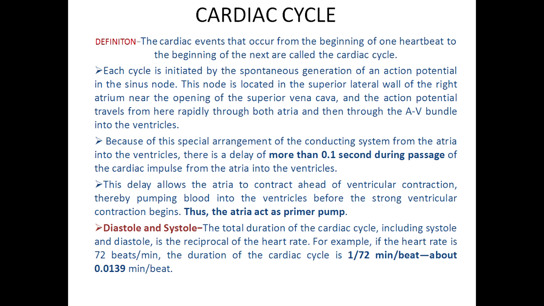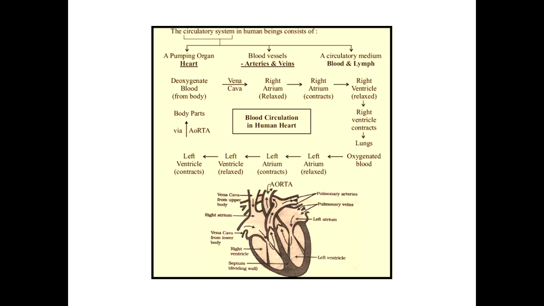One minute has 60 seconds, and in that time we get 72 beats. So the time for one beat is 0.0139 minute. Understand? This one I have explained.